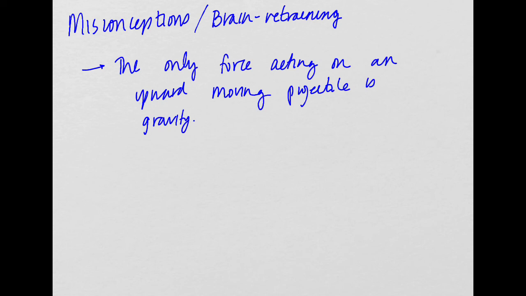So don't get confused, because I'm going to try to trick you, so don't get confused by that. The only force acting on any projectile ever is gravity, okay? So the belief that force causes motion, and if there's upward motion, then there must be upward force, that's wrong. It's completely wrong. Don't get stuck in that.